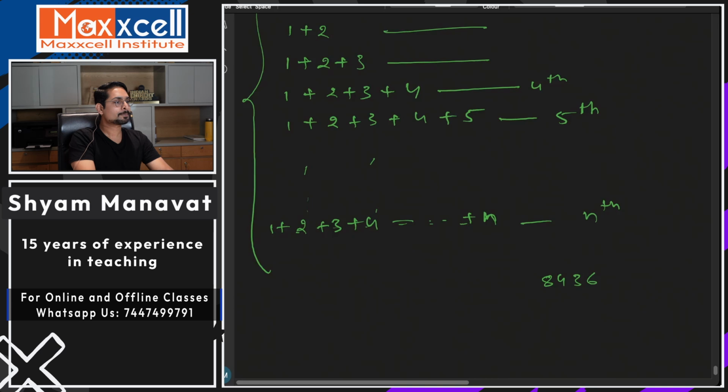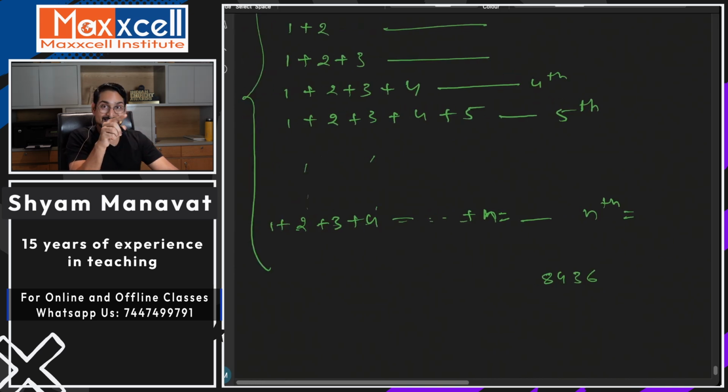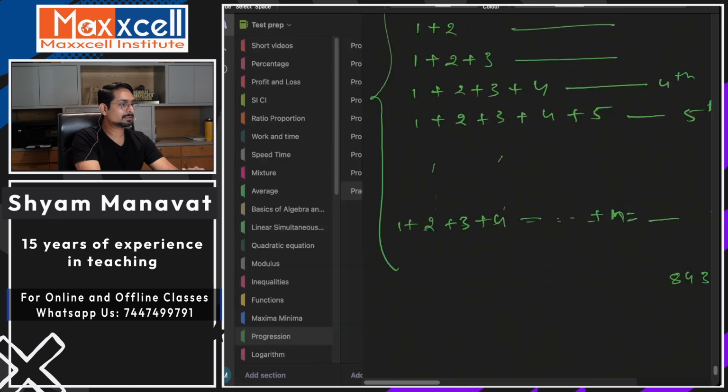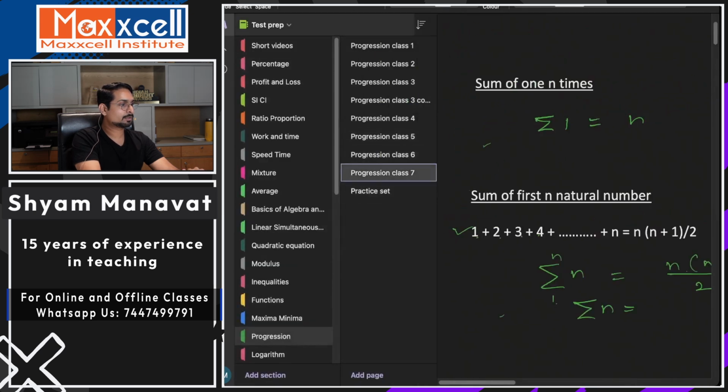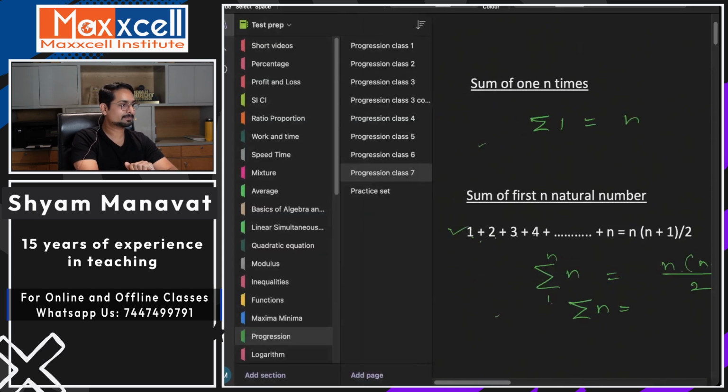Yes? Now, first let me write what is the nth term. Nth layer is nothing but the sum of 1 to n. Again, concept builder, we have learned the sum of 1 to n. That is n times n plus 1 by 2. Let me use it here.